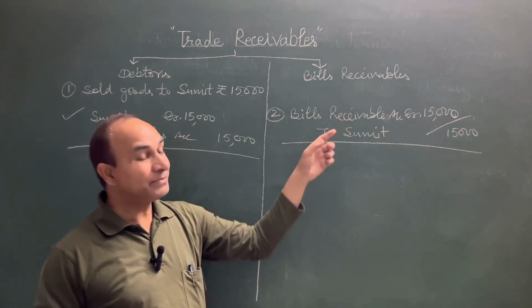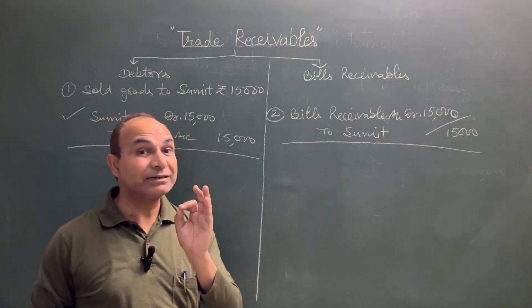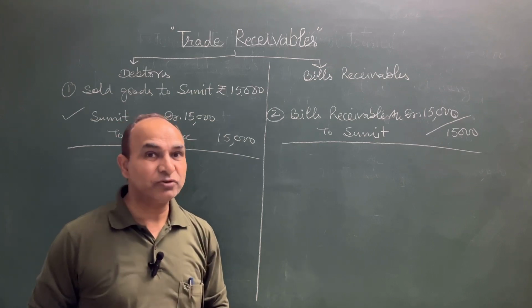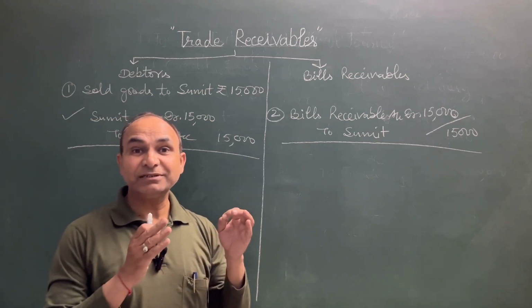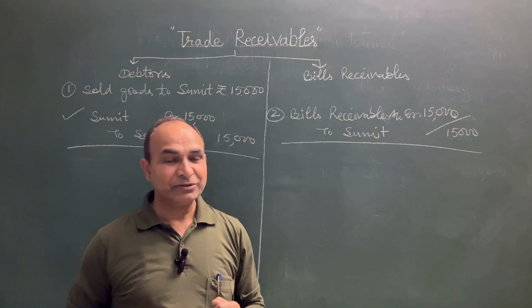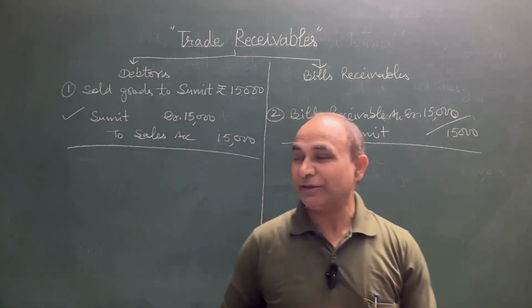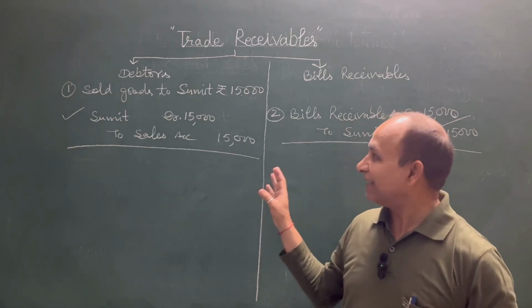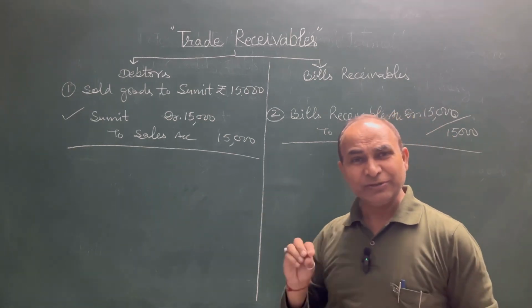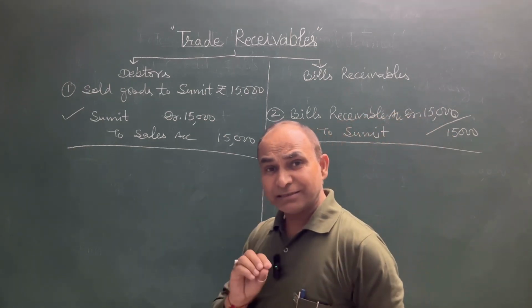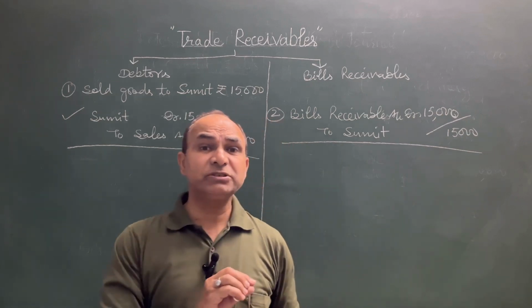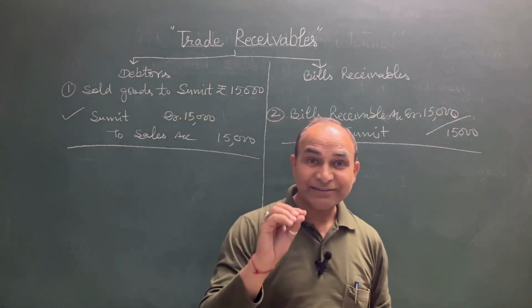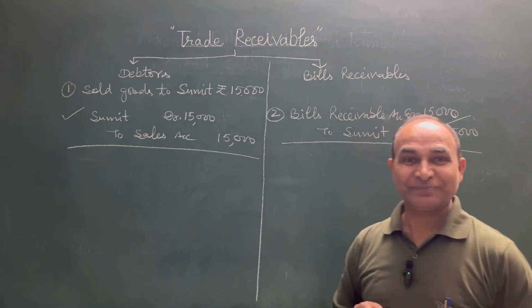And bills receivable is our asset, our current asset, and it is shown on the asset side of the balance sheet. So students, with this small lecture and these two transactions, you are able to understand and make a distinction between debtors and bills receivable.